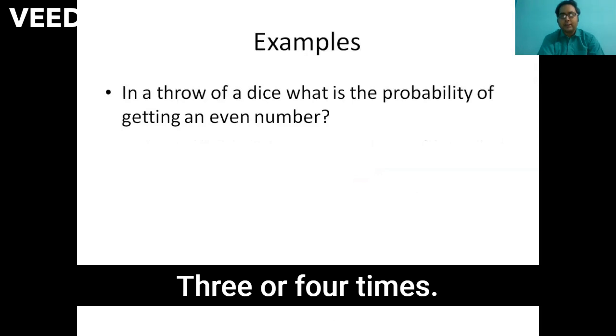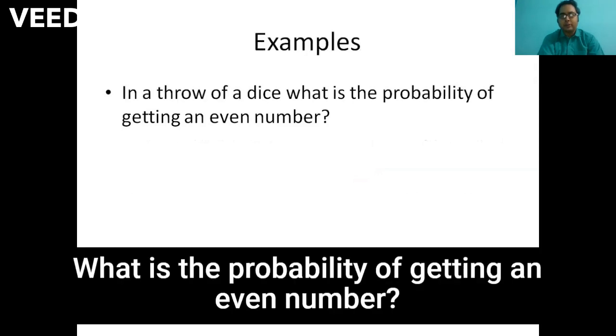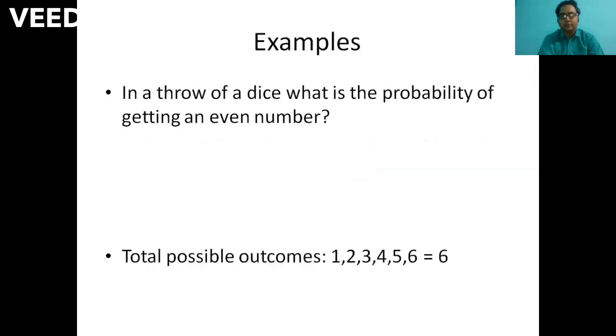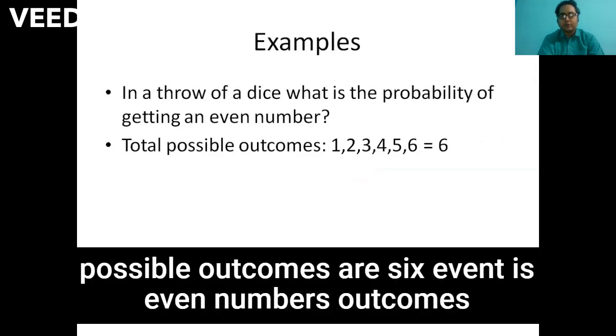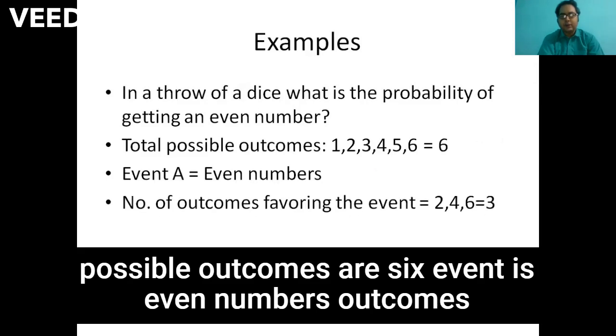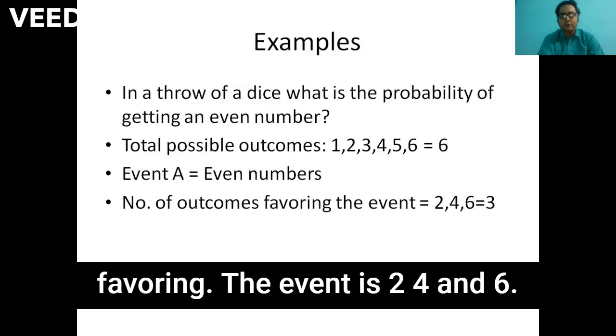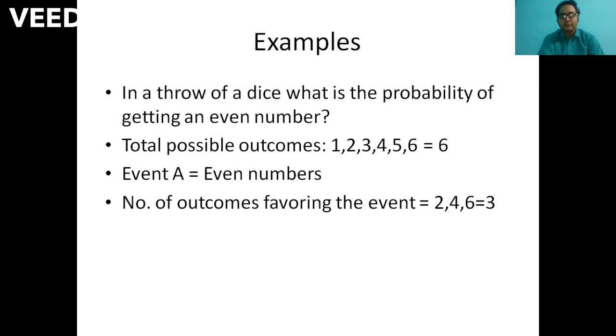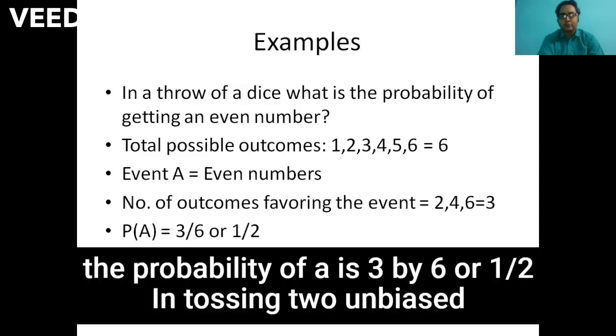In a throw of a dice, what is the probability of getting an even number? Possible outcomes are 6. Event A is even numbers. Outcomes favoring the event are 2, 4 and 6. So probability of A is 3 by 6 or half.